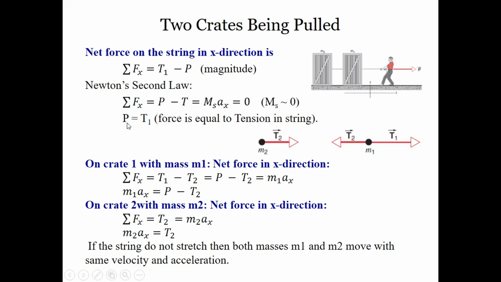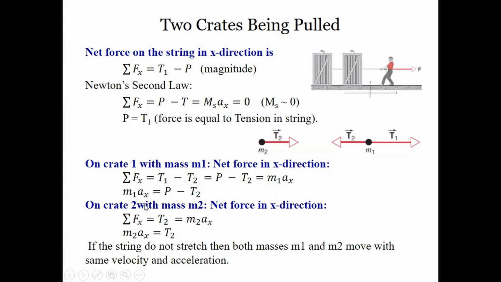If this is the case, then we can say that the tension T1 is equal to the applied force. Now we move to the crate 1, and the crate 1 has this T1 minus T2. T2 minus sign comes due to the fact that it is in the negative x direction. So T1 minus T2, and T1 is equal to P. So P minus T2 is equal to M1 mass multiplied by acceleration.